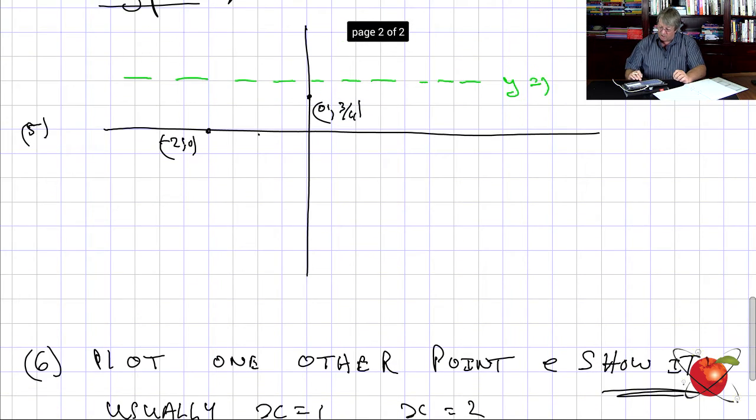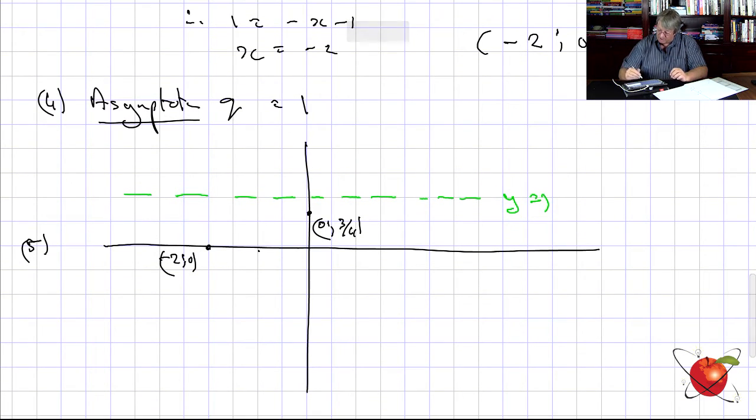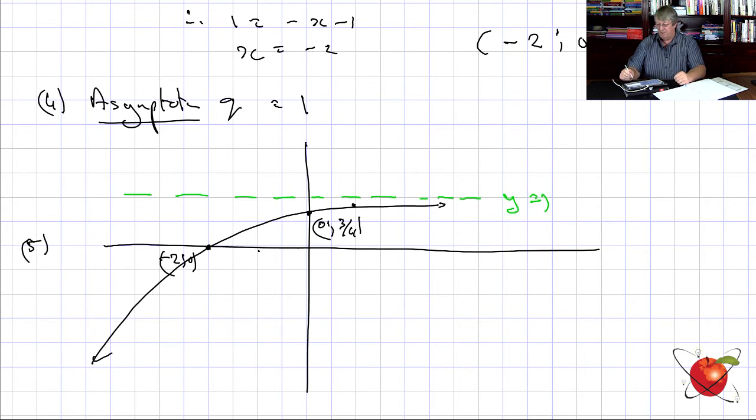Now I go back to my graph and I say, okie dokie, at 1, it's 7 over 8, so it's higher. So my graph has to do this, like that. From plotting this point 1 and 7 over 8, because 7 over 8 is higher up on the y-axis than that. You could have plotted minus 1 and get a point there. And you see it's getting closer to that.